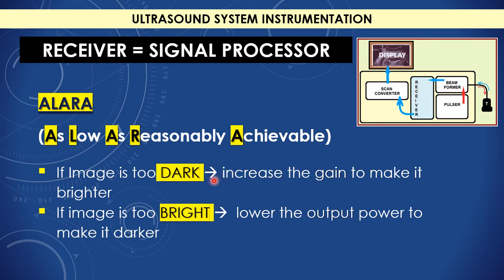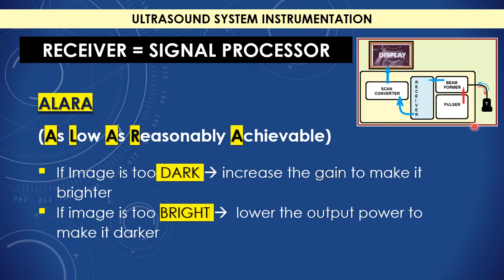What if the image is too bright? I want to make it darker. Can I lower the gain or lower the output power? I lower the output power. Why? Because there is a benefit to the patient. If I'm lowering the output power, I'm lowering the bioeffects that the patient is exposed to.